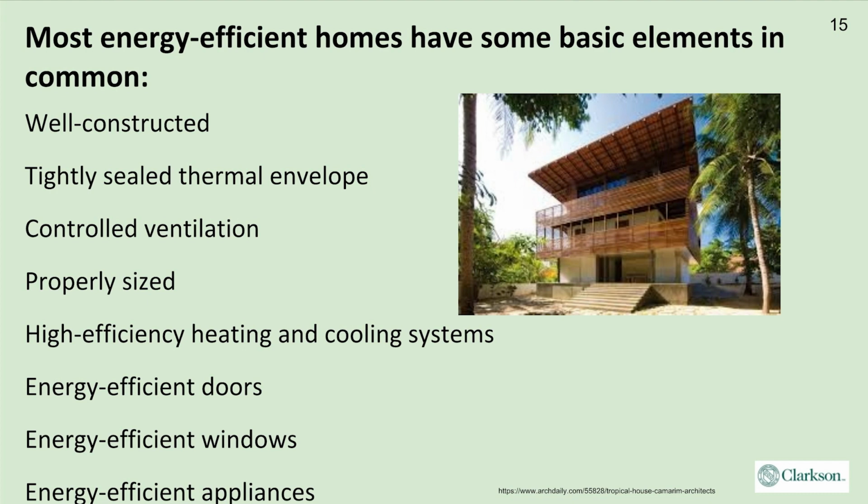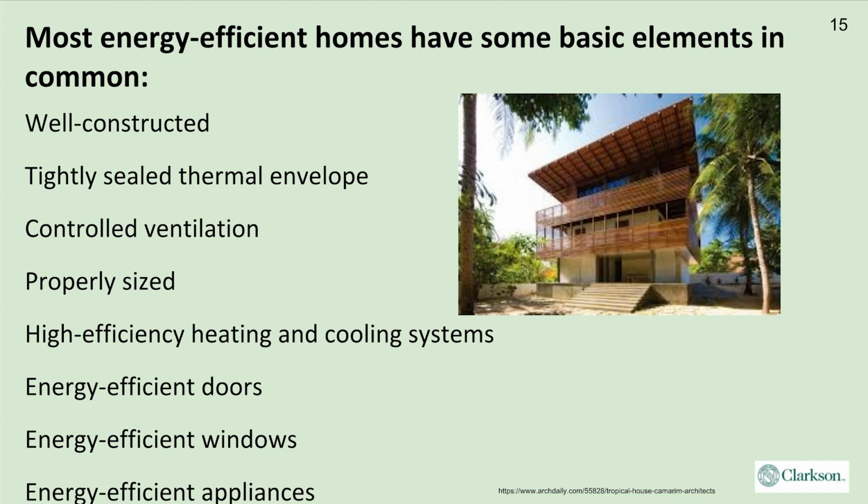Which means no air gets in or escapes. So they have to have really good ventilation. The home has to be properly sized. And have high efficiency, for this topic for today, cooling systems. My parents need very efficient heating, but for today's lesson, we need good cooling.